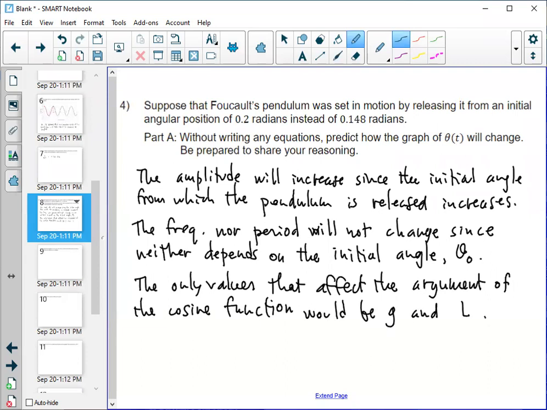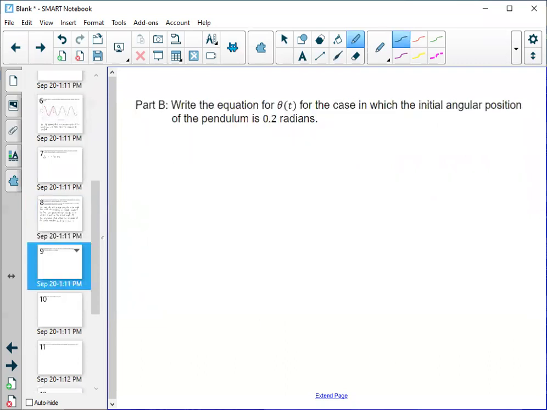Let's go to part B. So that's 4A. This is part B for 4. It says write the equation for theta of t for the case in which the initial angular position of the pendulum is 0.2 radians. Well, we could do this. Theta of t is equal to 0.2 times the cosine of 0.383 times t.